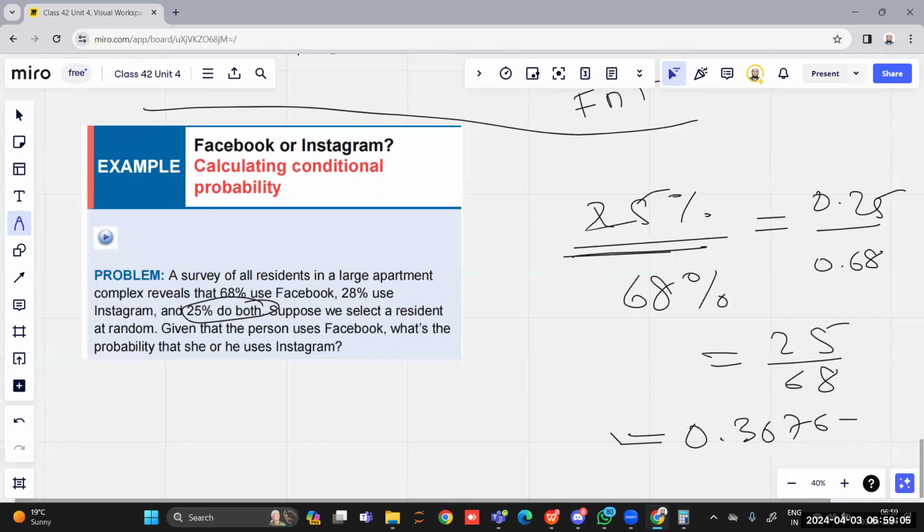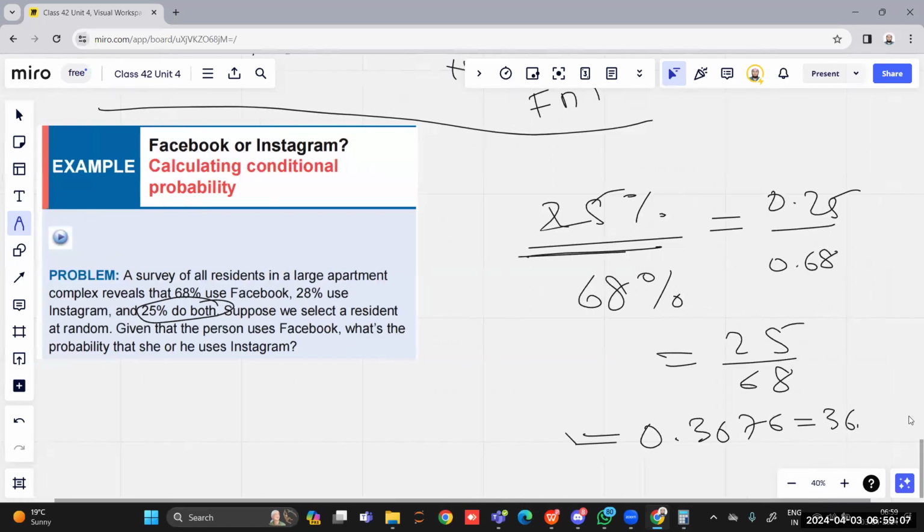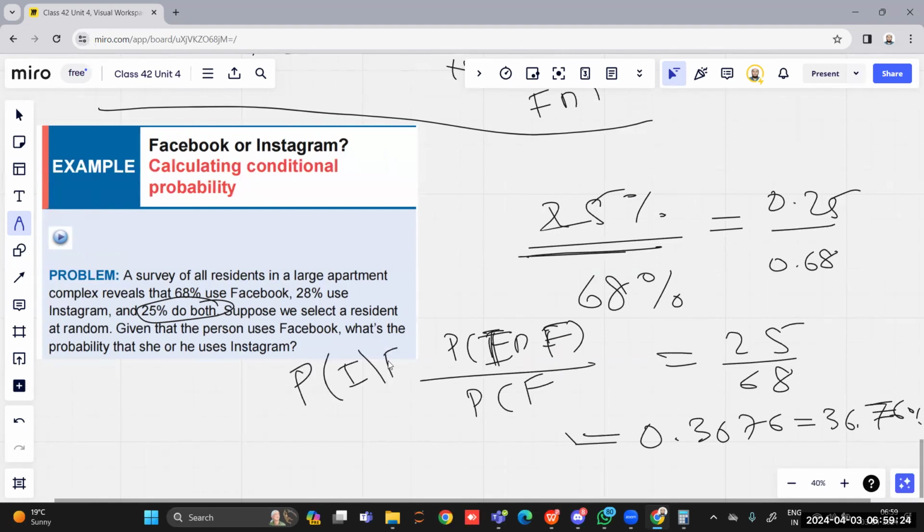What I have done is probability of Facebook intersection Instagram upon probability of what was fixed, Facebook. Instagram given Facebook means F is fixed and we have to find I. Got that? Yes or no? So that is the thing. Here both means intersection.